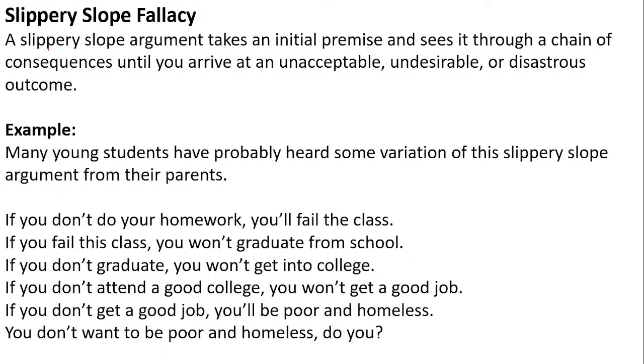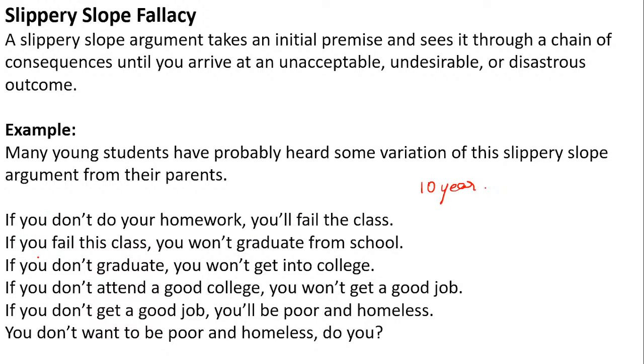What happens in this fallacy is, a slippery slope argument takes an initial premise and sees it through a chain of consequences until you arrive at an unacceptable, undesirable, or disastrous outcome. So a small kid, like a 10-year-old boy or girl, you are telling that kid, as a parent, that if you don't do homework, you will fail in the class.